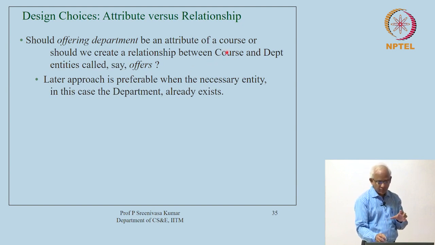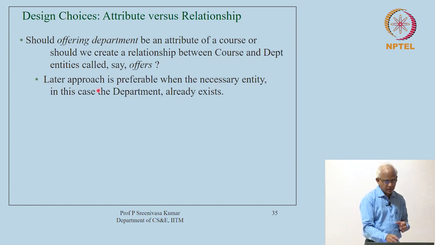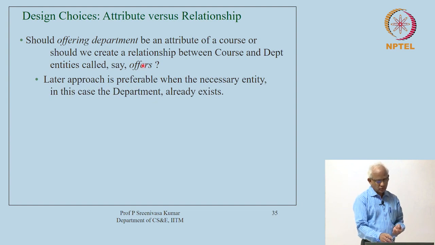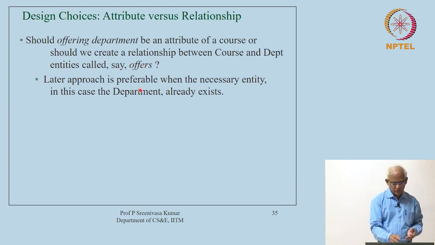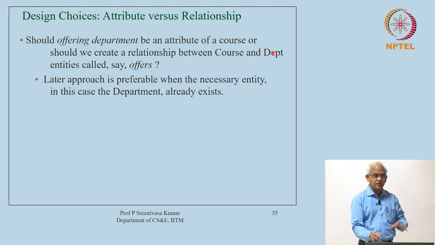If that information corresponds to a particular entity that already exists, then the approach of creating a relationship is to be chosen, and if it does not, then you can go with an attribute. So that is the kind of choice that we have. It is preferable, for example in this case, if department exists as another independent entity.